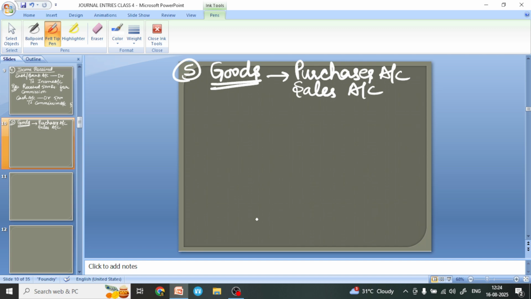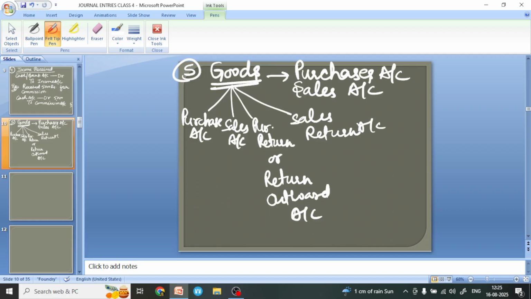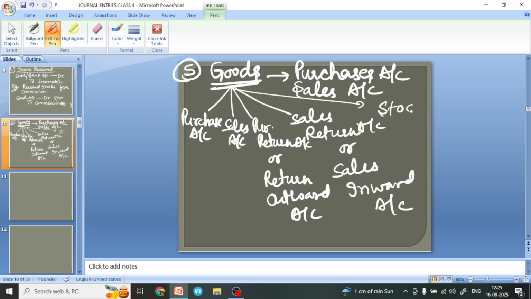First is purchases account, then sales account, then purchase return or return outward account, sales return or return inward account, and the last one is stock account.